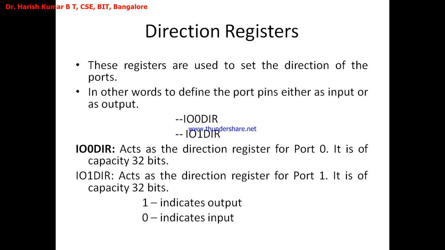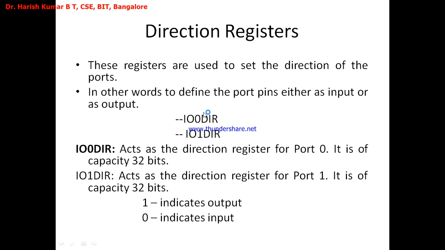So now how do I make the particular port pin either an input or an output? For that purpose we have two registers here. Register IO0DIR, input output, the middle one is zero, this is not O. This is IO0DIR, where DIR stands for direction register. Why is it 0?